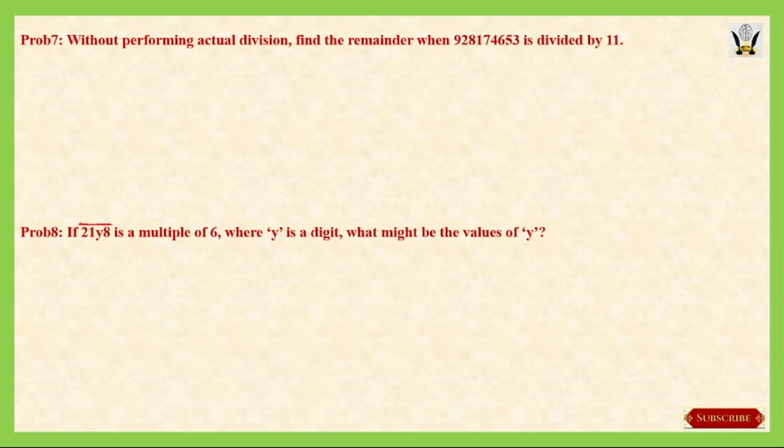Now the next problem says that without performing actual division, we have to find the remainder when this given number is divided by 11.